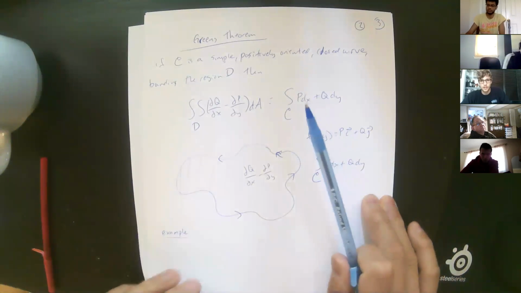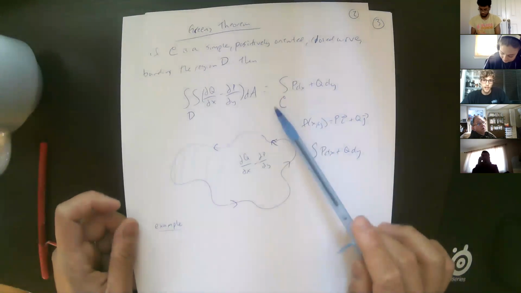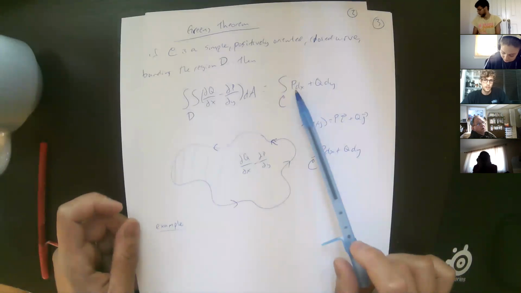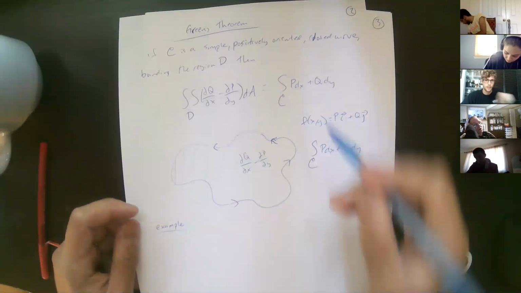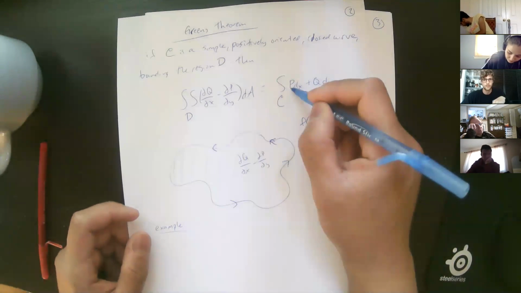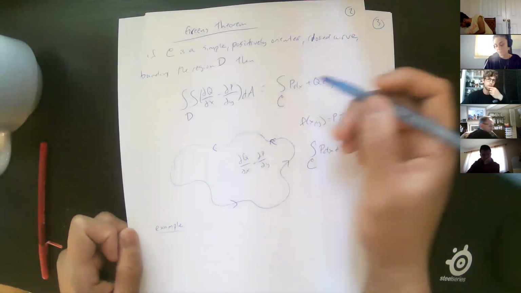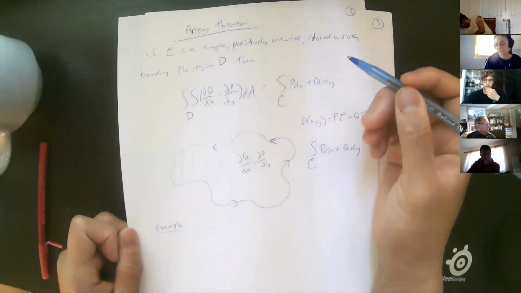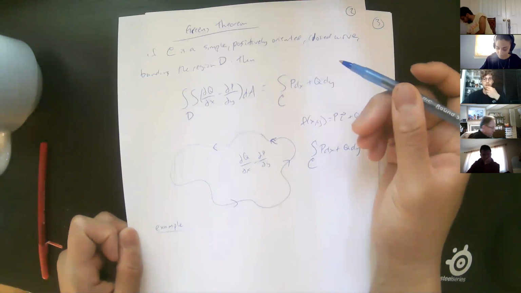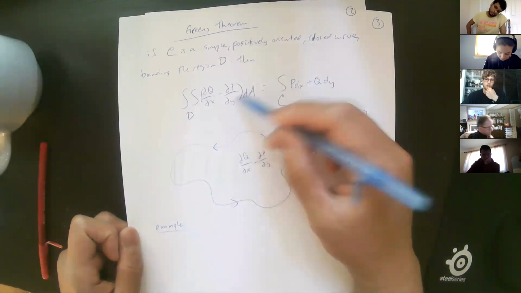So you're taking the derivative of P with respect to y times dx? No, there's no times dx. P is just a function. It has x's and y's in it. I'm just confused as to why these two things are equal to each other.